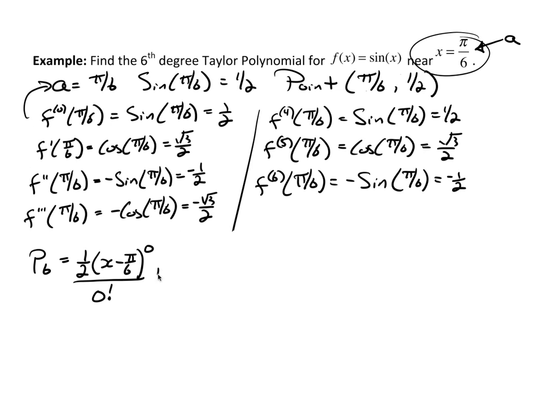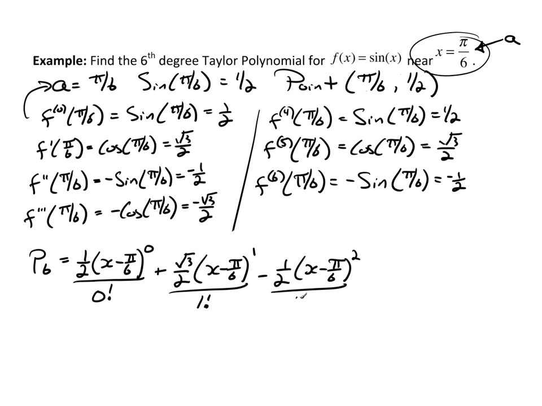So then I'm going to add to it the first derivative, which is root 3 over 2 times (x minus pi over 6) to the first over 1 factorial. See, I would never do the ones, but I'm just doing it again so you can see it actually does follow that pattern. And then minus 1/2 (x minus pi over 6) squared over 2 factorial.